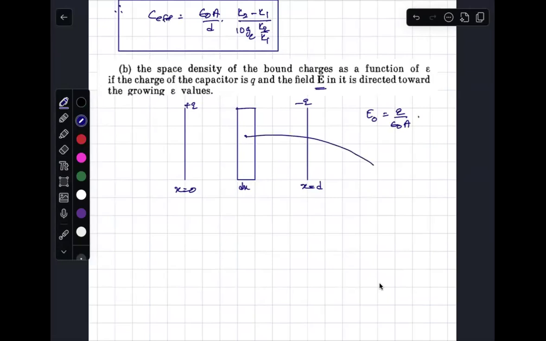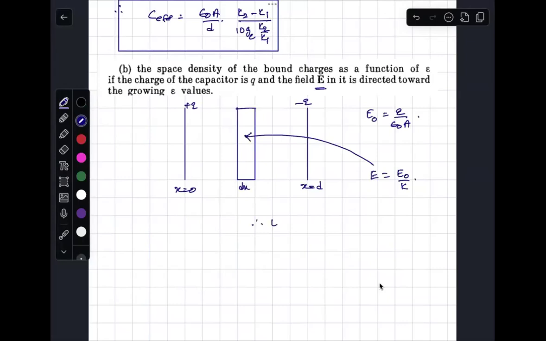So what is going to be the electric field at this point? Yesterday also I asked this. The electric field at that point is E naught by K, where K is the dielectric constant at that point.